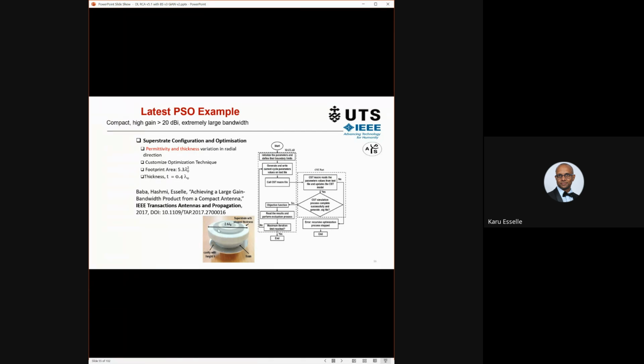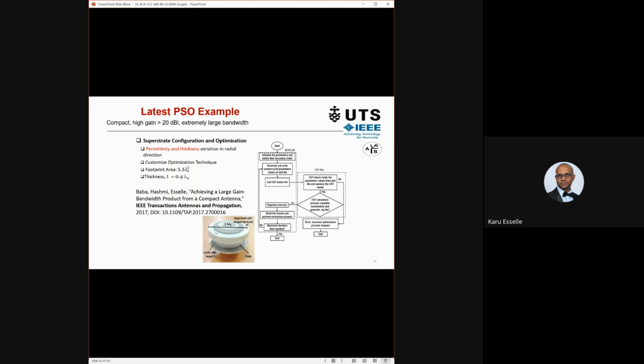Some of them obvious. We had to use 4 dielectrics instead of the 3 in our original design. We had to make it a little bit larger. Now it is 5.3 square wavelengths, and we have to make the thickness variable.